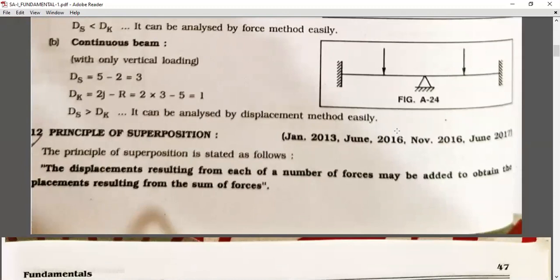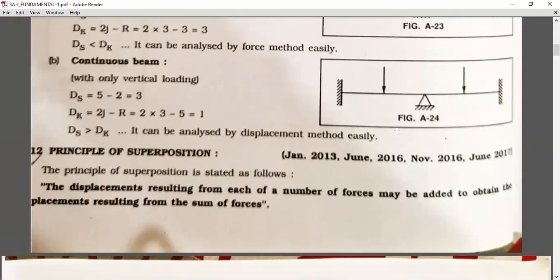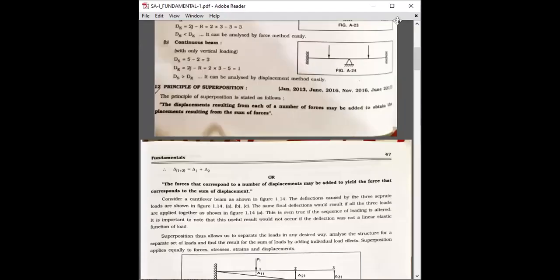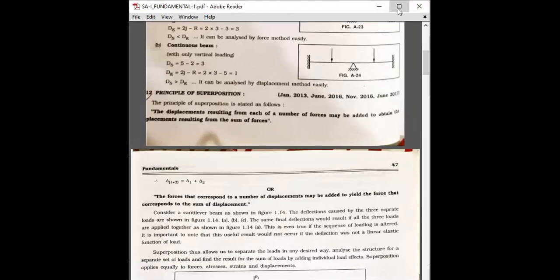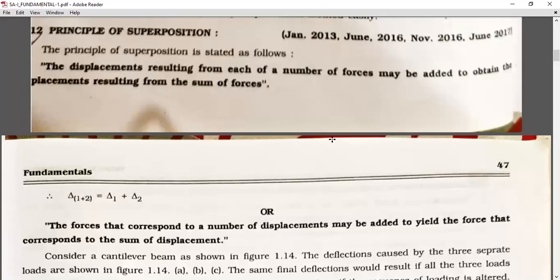Now, the principle of superposition. The same principle we are studying in our mechanics of solids chapter.